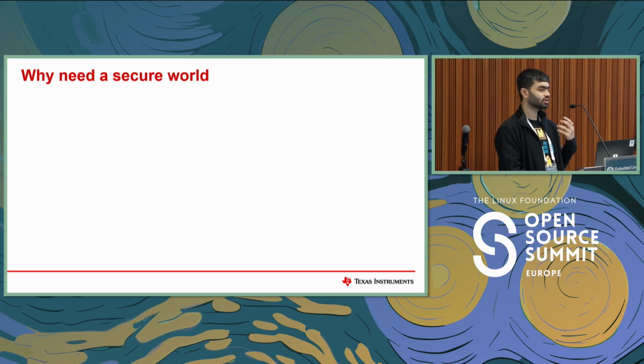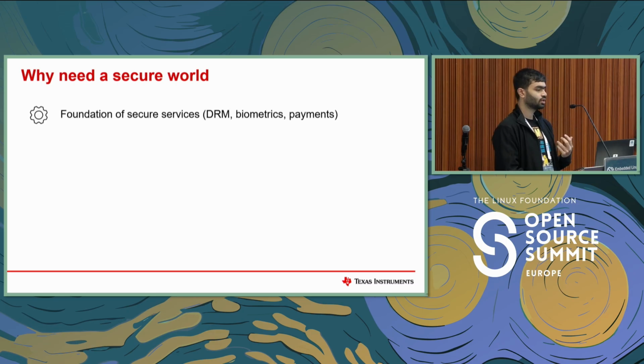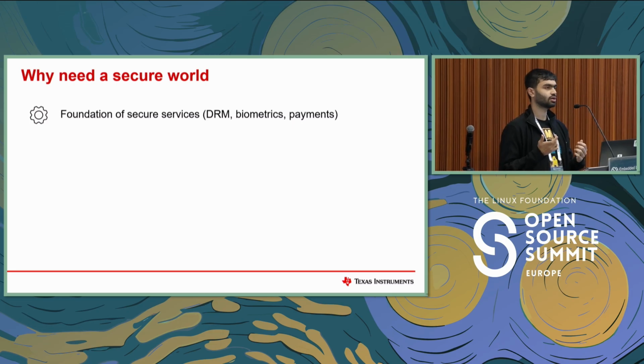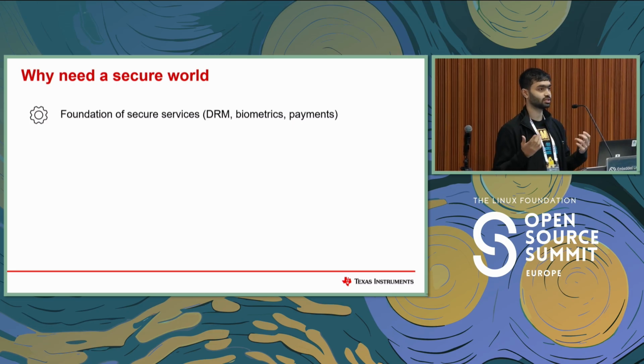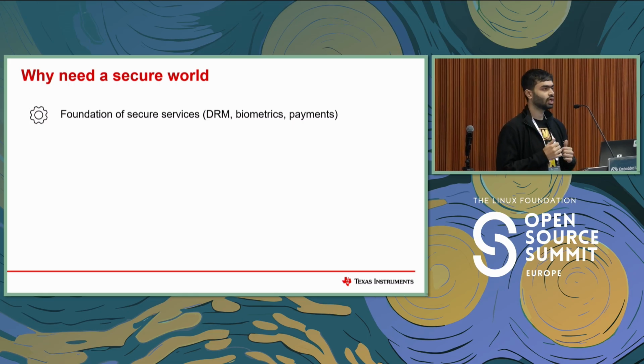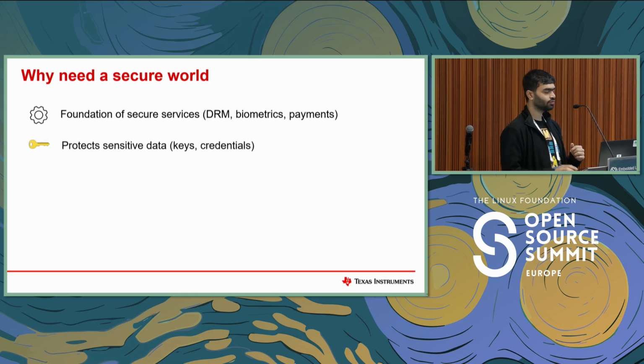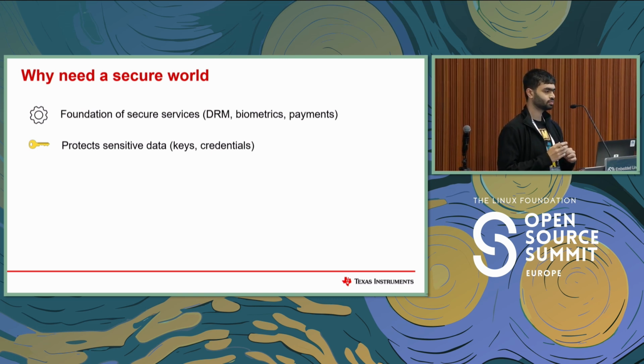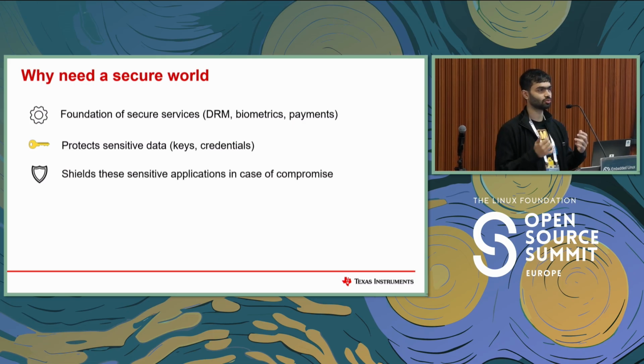So, we'll start with why we need a secure world. We see that there are many devices that today rely on biometrics and payments. There are many sensitive applications that we have to run in today's world, and we want to protect all the sensitive data. We don't want the keys or the credentials that you put in any of these critical applications to reside in a space that can be hacked in case it gets compromised.